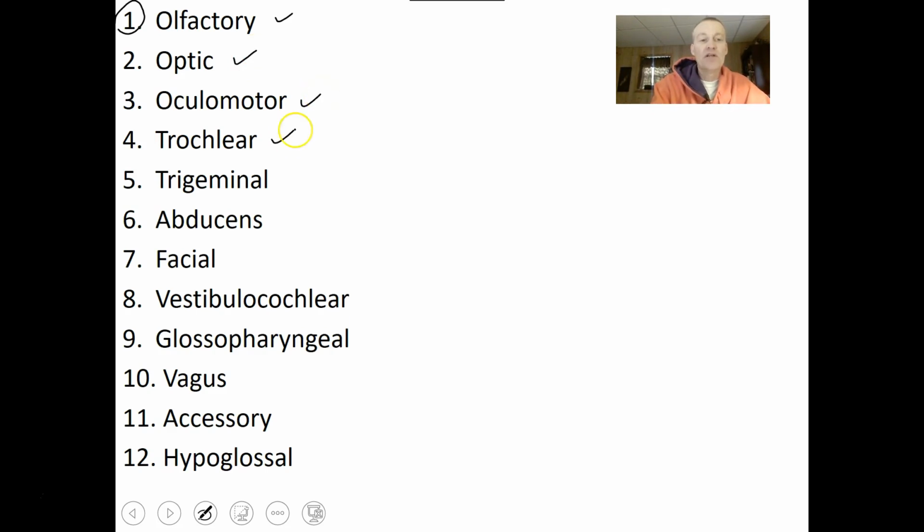Number 4 is the trochlear nerve. Cranial nerve number 5 is trigeminal. 6 is abducens. 7 is facial. 8 is vestibulocochlear nerve. 9 is glossopharyngeal. 10 is vagus. 11 is accessory, and 12 is hypoglossal.